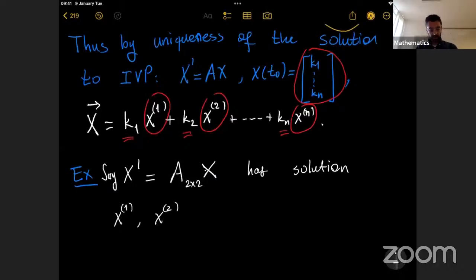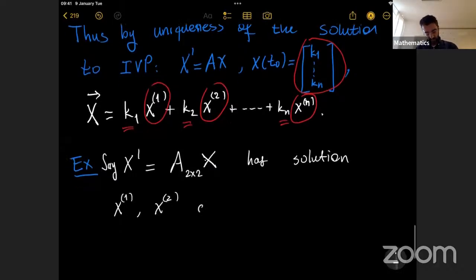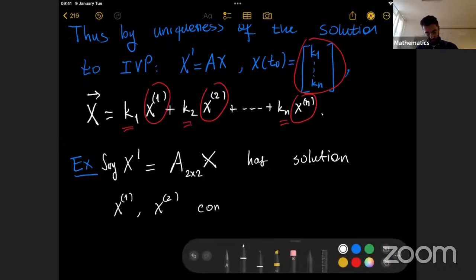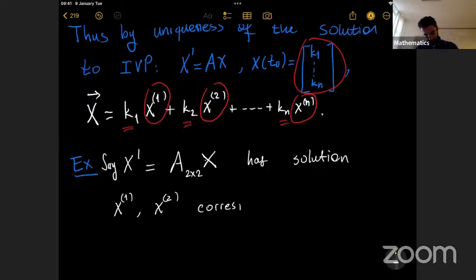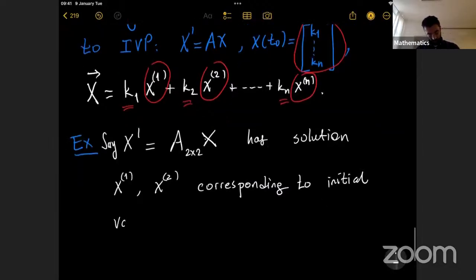These are spatial solutions corresponding to initial values (1, 0) and (0, 1), respectively.